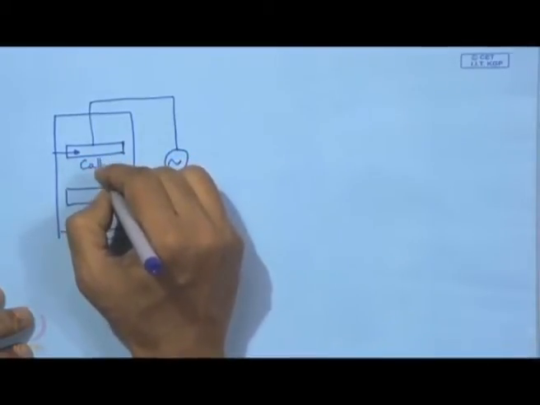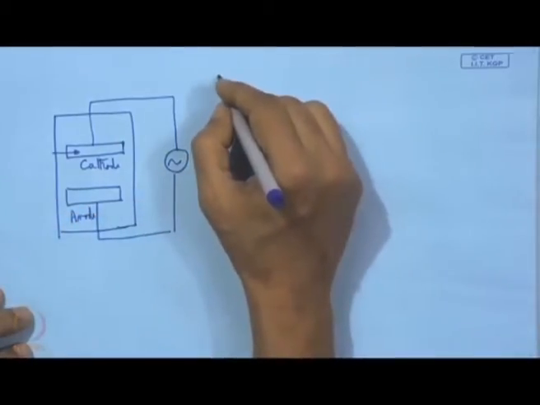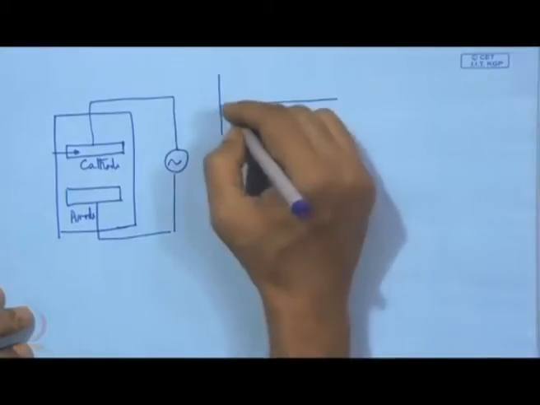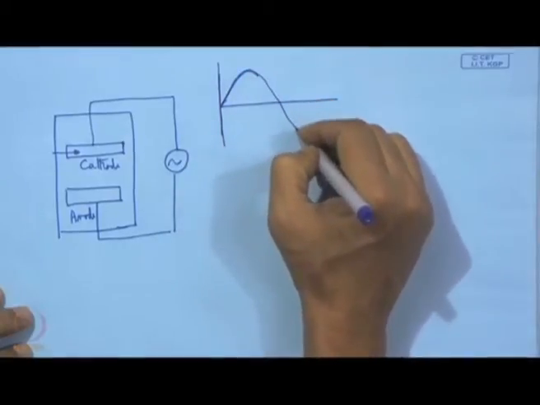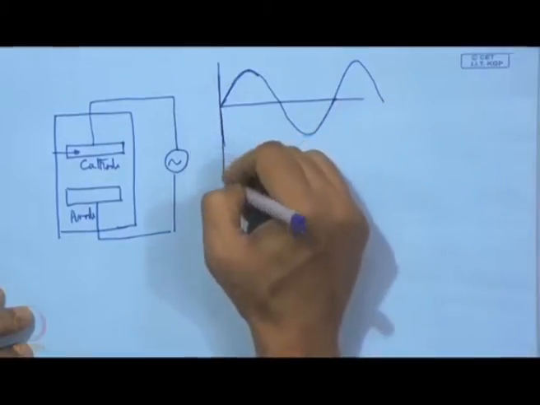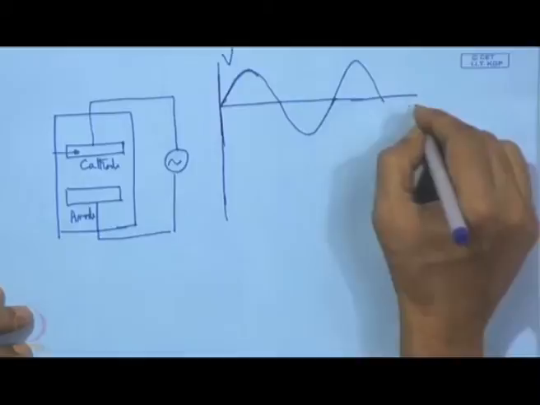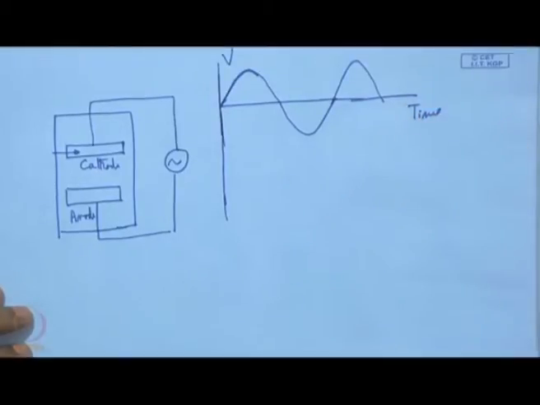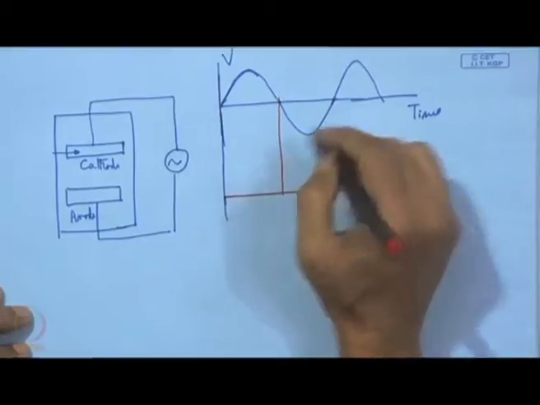So, this is the cathode and this is the anode, and the form will be more or less like this. This will be the positive part of the cycle and this is the negative part of the cycle. Here, this is the electrode voltage against time, and if we draw the current characteristics, then we can have it in this form.